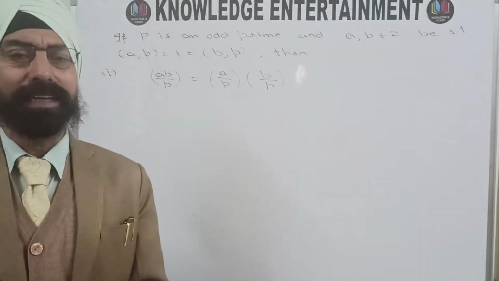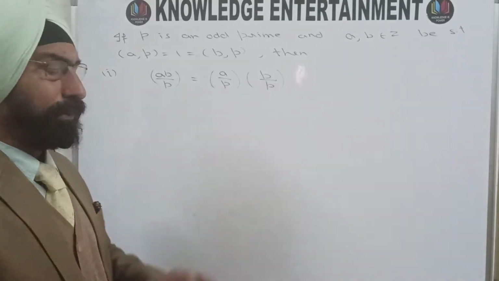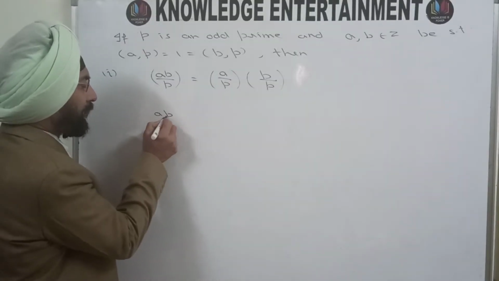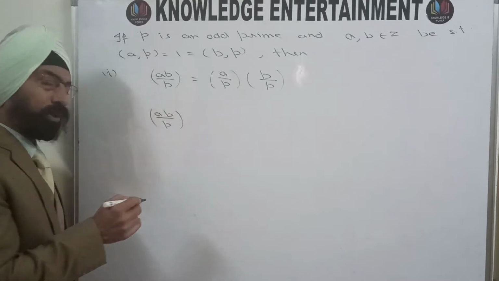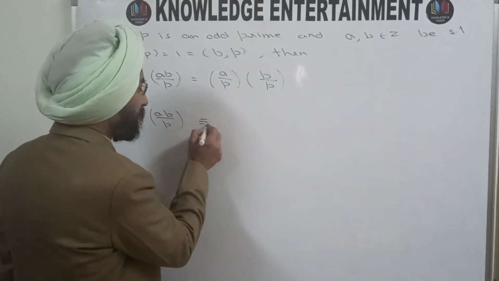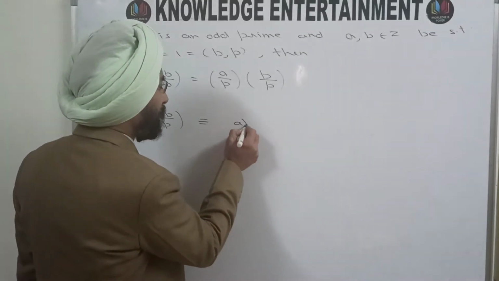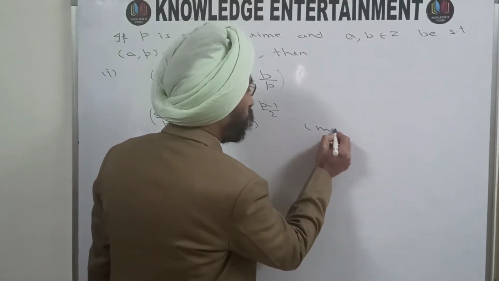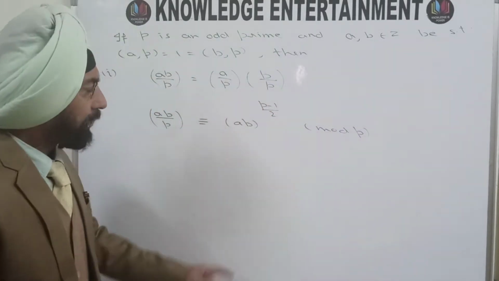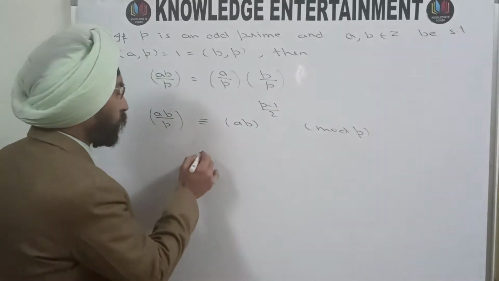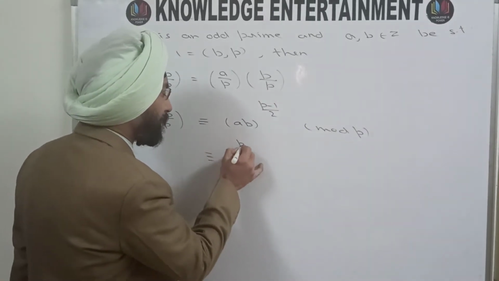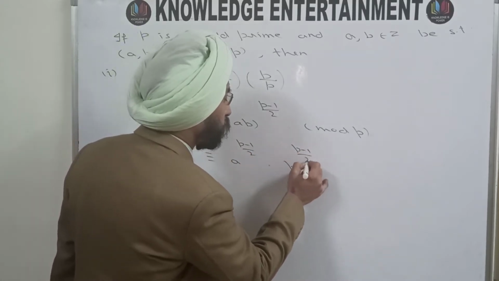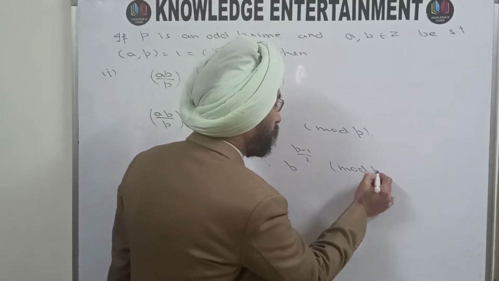So here we are to prove that the Legendre symbol AB by P is equal to Legendre symbol A by P into Legendre symbol B by P. Look at Legendre symbol AB upon P. By using Euler's criterion, it is congruent to AB raised to the power P minus 1 by 2 modulo P. Now AB power P minus 1 by 2 can be broken as A raised to the power P minus 1 by 2 into B raised to the power P minus 1 by 2 modulo P.